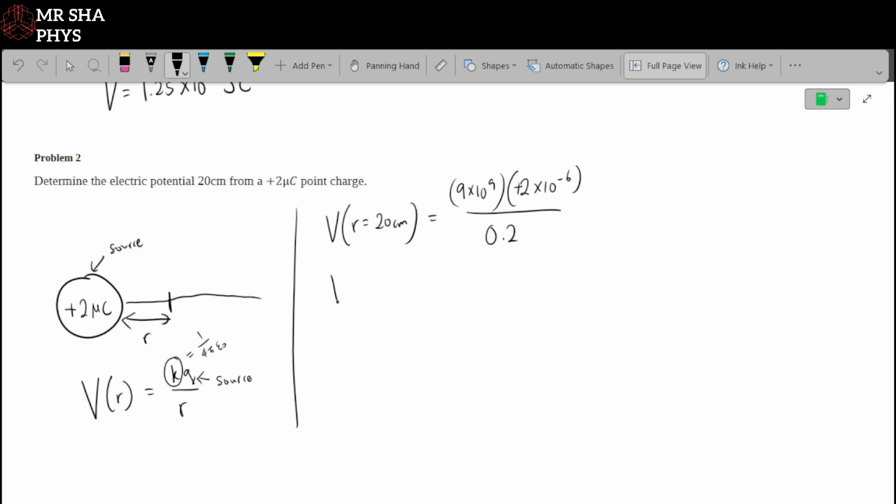Okay, and that tells me that the potential at R equals to 0.2 meters is simply 90 kilovolts, or we can also write 90 kilojoule per coulomb. That's another way of writing it.